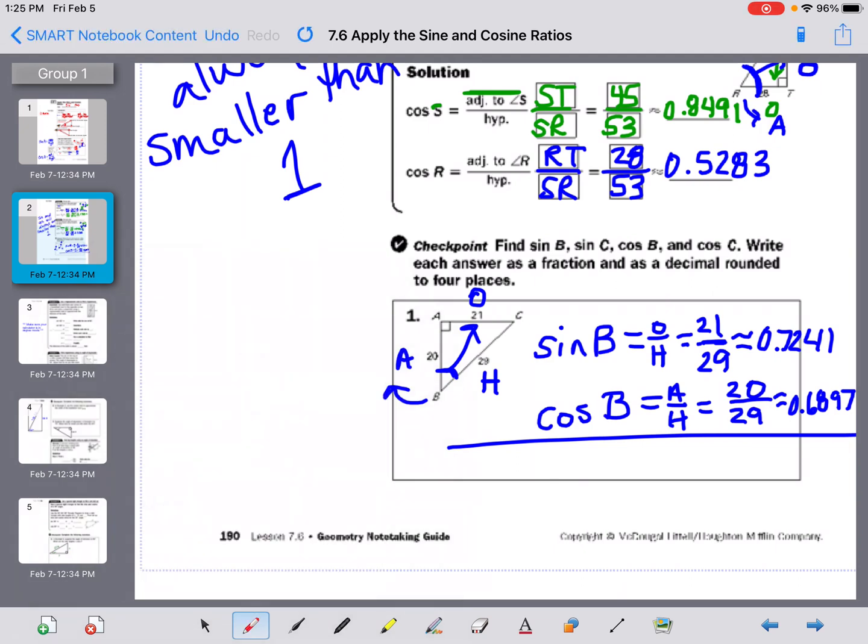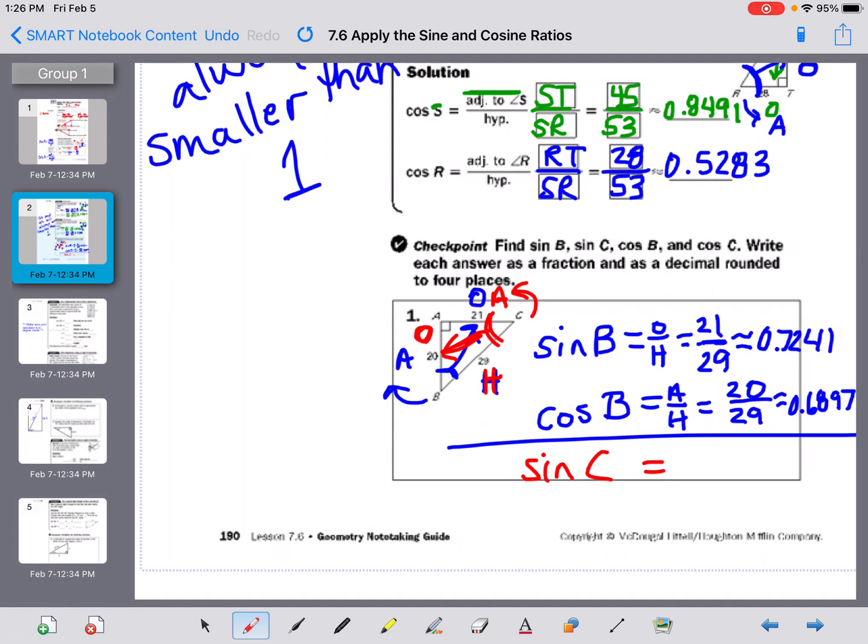I'm going to switch now, and I'm going to go to angle C. So now I'm going to find sine of angle C. So when I switch here, I know that my hypotenuse is never changing, but my opposite is now the 20, and my adjacent is now the 21. So that's what I want to keep remembering, that because I changed angles, my opposite and my adjacent are also changing.